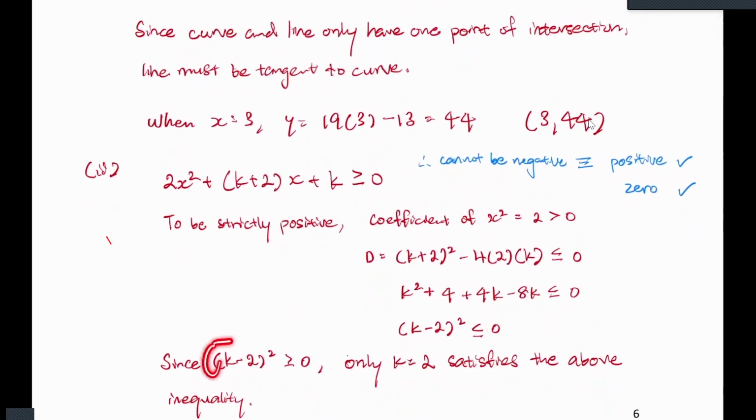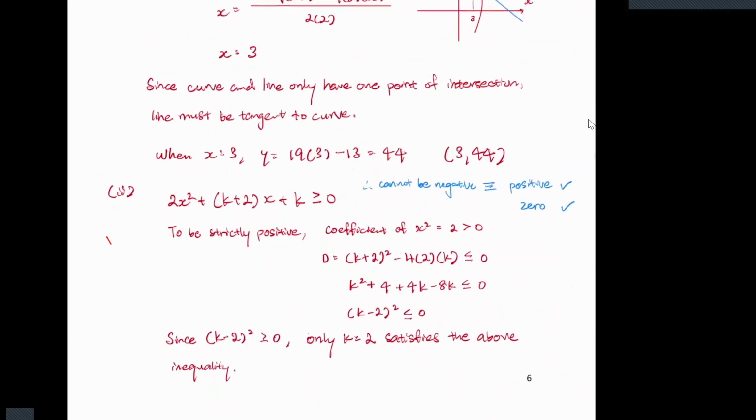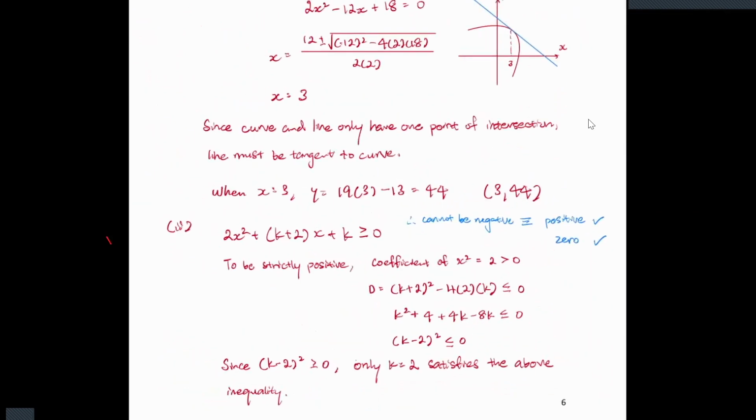Because inherently squared terms can only be positive. This part is not very differentiation, it's very quadratic polynomials kind of situation. The thing that you need to recognize is that for y to not be negative, y can be equals to 0, which means that there are solutions, there are intersections with the axis, or y can be positive, which means that this polynomial is strictly positive.